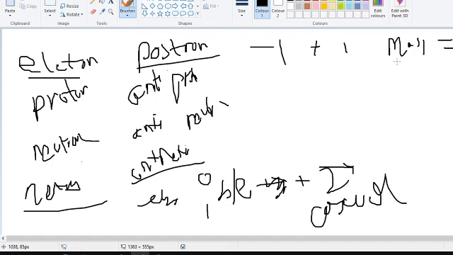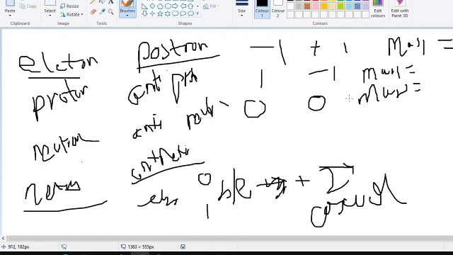As far as protons go, protons have a charge of 1, antiprotons have a charge of -1, and their masses are equal. Neutrons and antineutrons, there's no point in an antineutron, they all have the same thing.